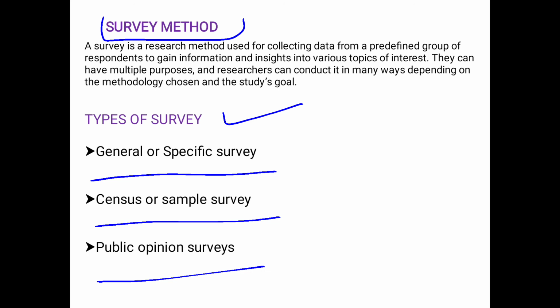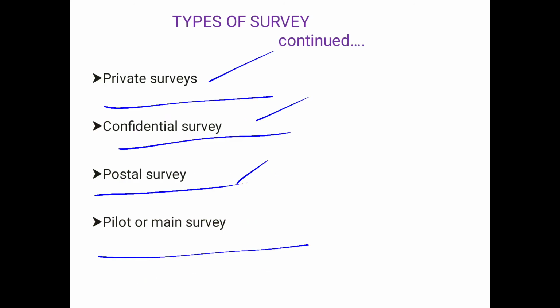Public opinion is the collective opinion of the people of a society on a specific topic. A private survey is opposite to a public survey. In a confidential survey, the name is not visible; you can see the answer and not the name.